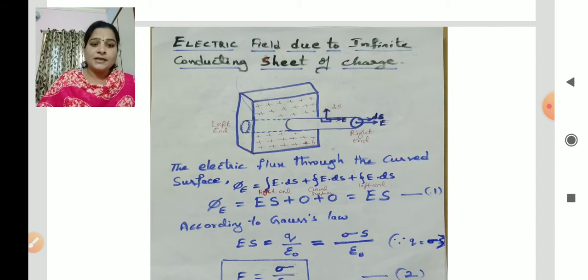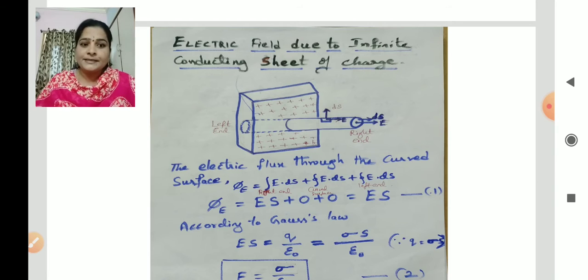Here I have written the right end, coming from this side. So for the right end it is integral E dot ds, and the curved surface integral E dot ds, and for the left end integral E dot ds. If you sum up all these three, we just now discussed that at the right end both are acting along the same direction.